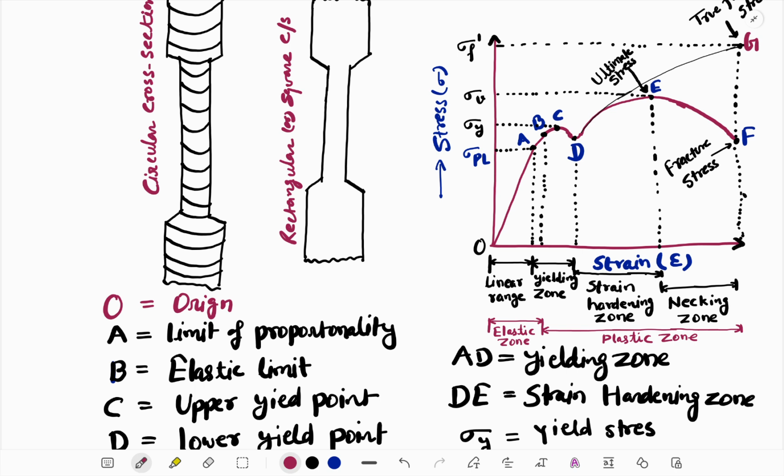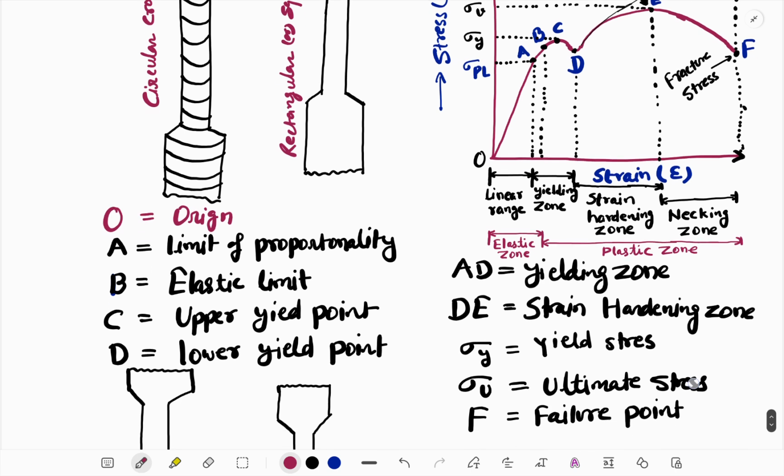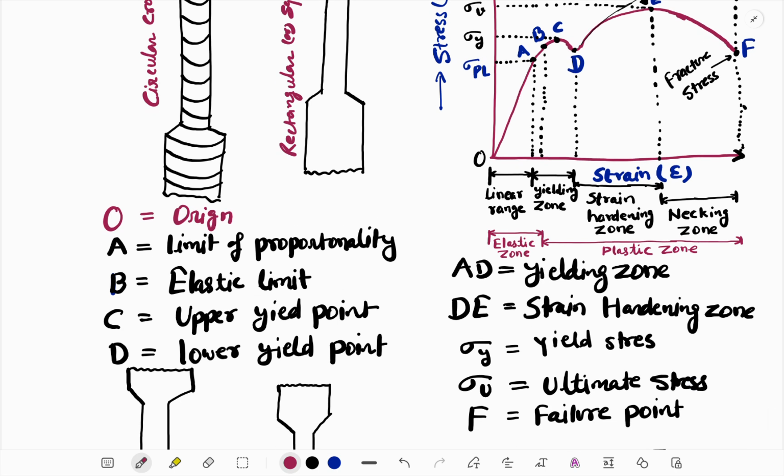Beyond that is the plastic zone, where there may be yielding, strain hardening and necking. Here D is the strain hardening, sigma Y is the yield stress, sigma U is the ultimate stress, and F is the failure point.